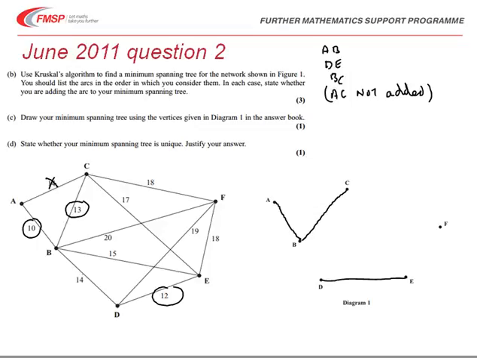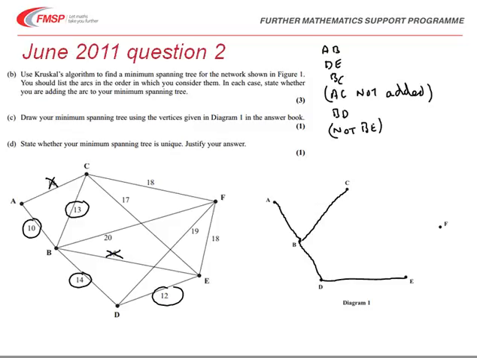But BD is okay. That's of length 14, so that one is going to come in. And then looking at the next one, BE is length 15. Well, we're not going to add that one because it would form a loop. So not BE.